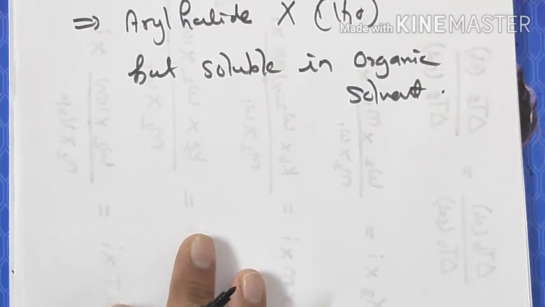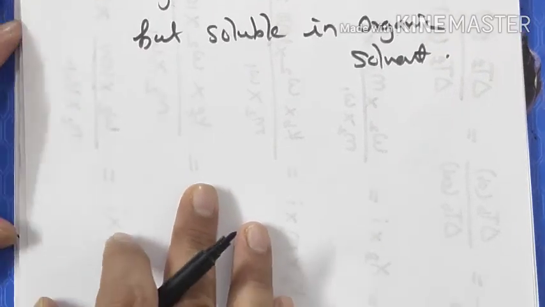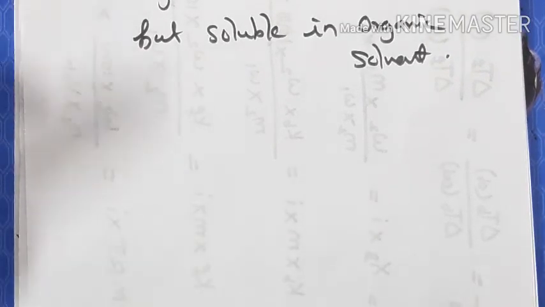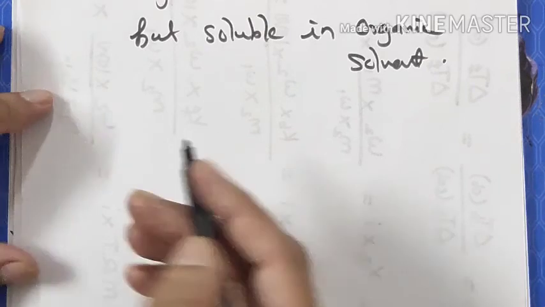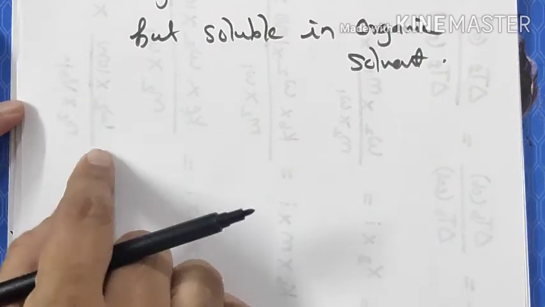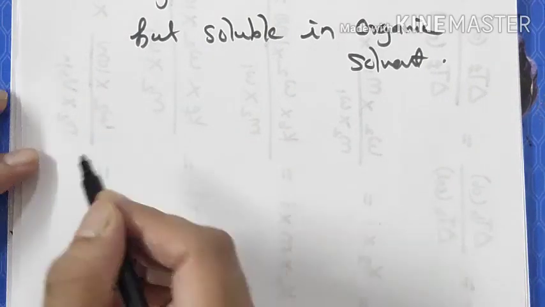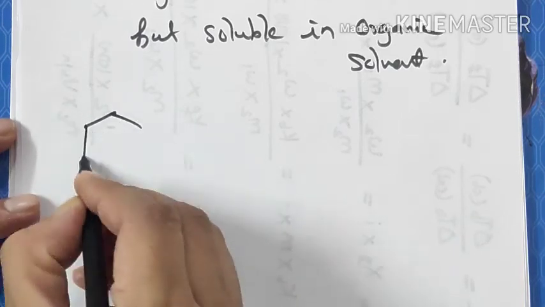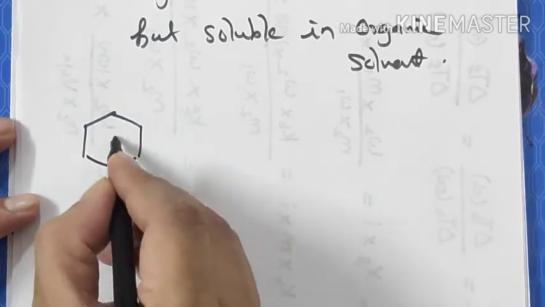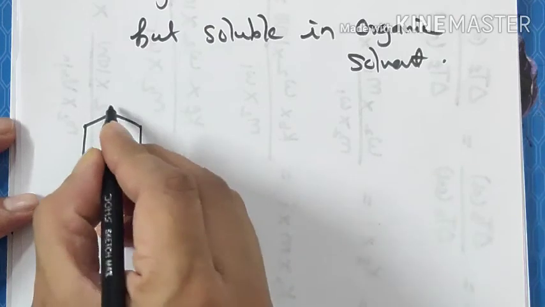Now in this one thing, student, we'll take one example for aryl halide. Okay, and we'll discuss boiling point as well as melting point for that. Okay, and most of the time this question comes in exam.